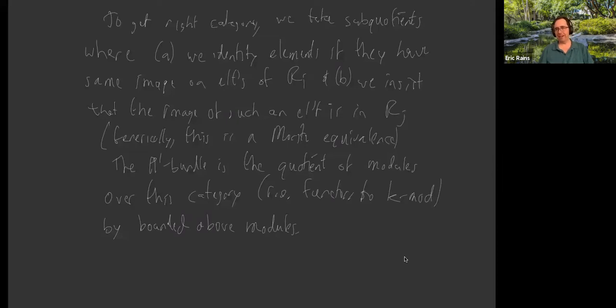So basically, it's the same idea of graded modules mod torsion, except we're no longer quite a graded thing, but we sort of retain enough structure like that. Okay, so that's how we get our non-commutative category.